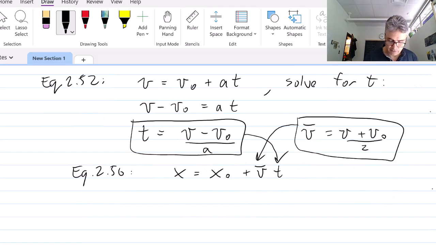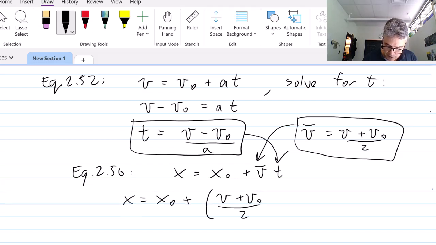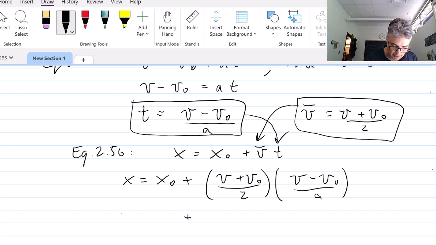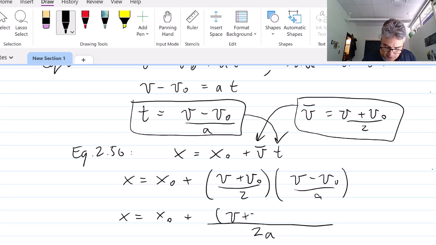And so I can write out x is equal to x0 plus v plus v0 all divided by 2 times v minus v0 all divided by a. And so, I don't know if you remember your algebra, x is equal to x0 plus 2a is on the bottom, and we've got v plus v0 times v minus v0.